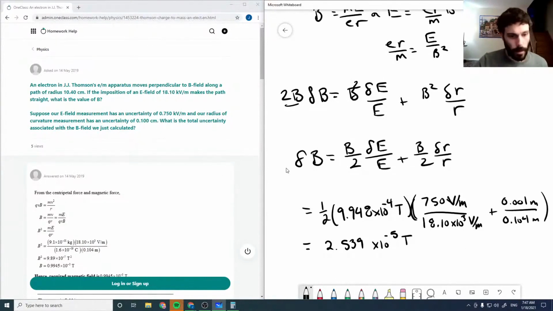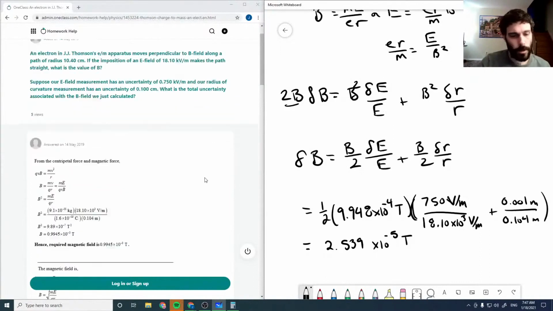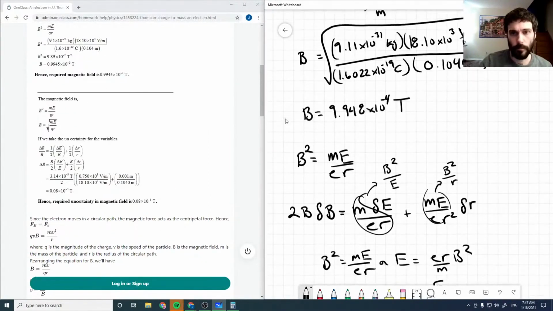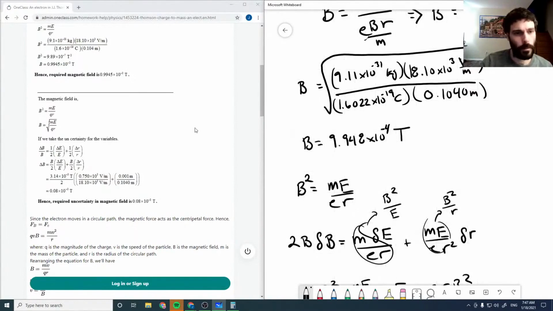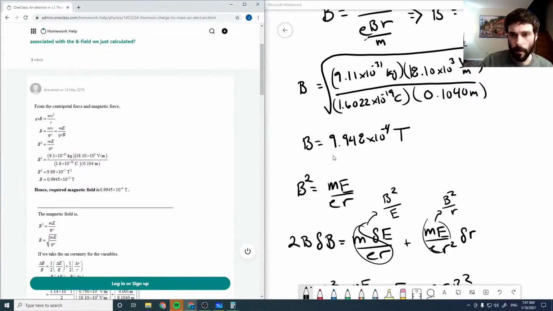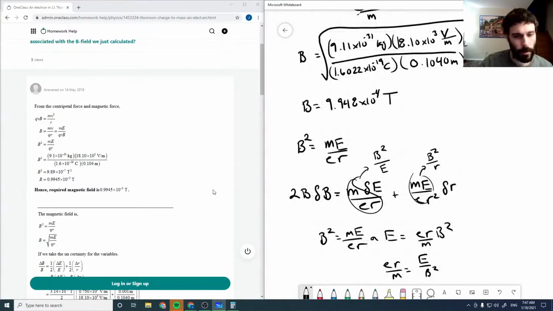Okay, so now checking through our solution here. Our B field comes out to be 9.948 times 10 to the minus 4, so that's the same. The last digit is a little different, but that would just be rounding differences.